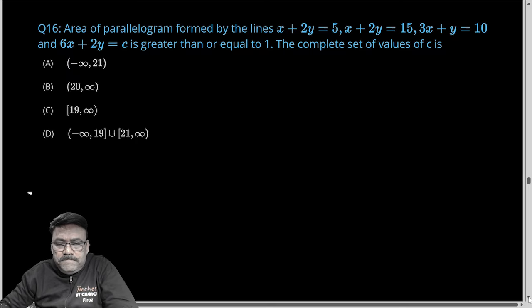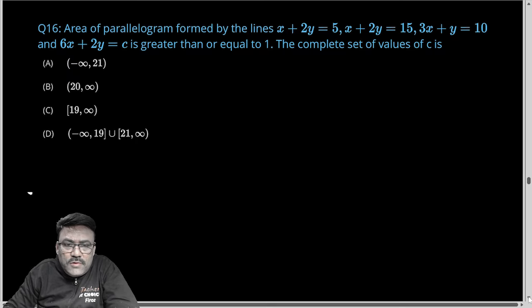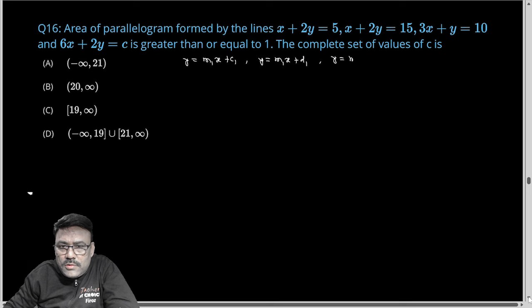So see, let's say you have 4 lines, y is equal to m1x plus c1, y is equal to m1x plus t1, y is equal to m2x plus c2, y is equal to m2x plus t2.